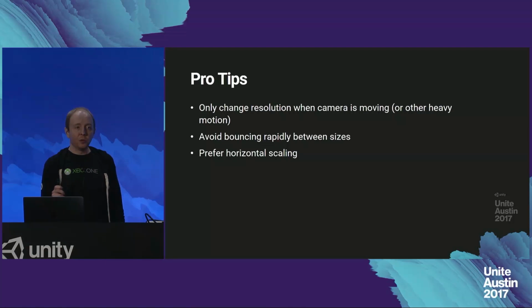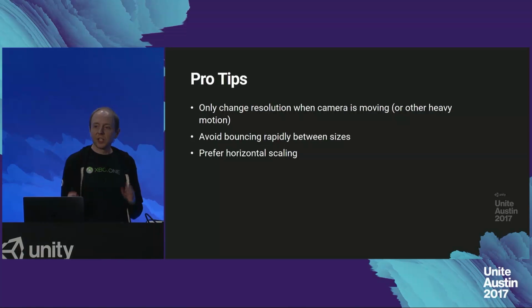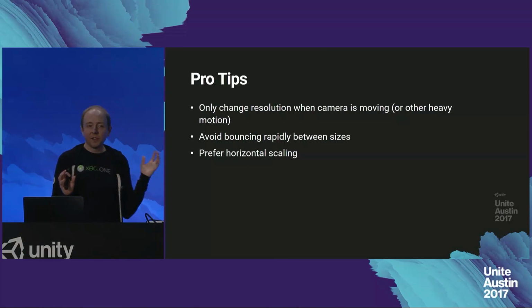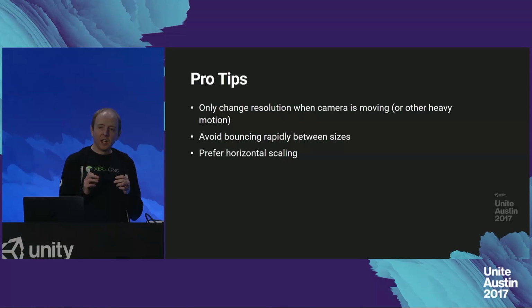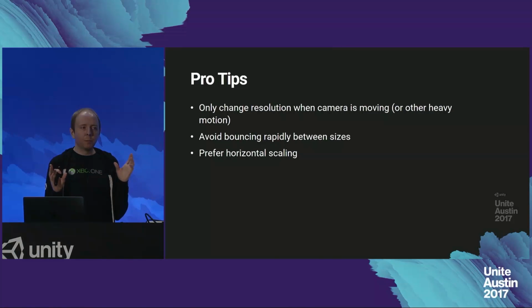So finally, just a few tips to help your dynamic resolution look as good as it can. I'd recommend that you only change the resolution when the camera is moving if you can, or when there's other heavy motion in the scene. As you might have seen in the demo, that motion helps to hide the resolution changes. As we also saw, you want to avoid bouncing rapidly between sizes, because that can be distracting and visible. And finally, the reason that I was only scaling in the horizontal plane is basically for most games that tends to give you better looking results that are harder to notice as well.